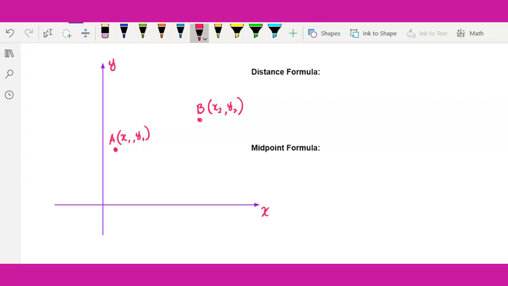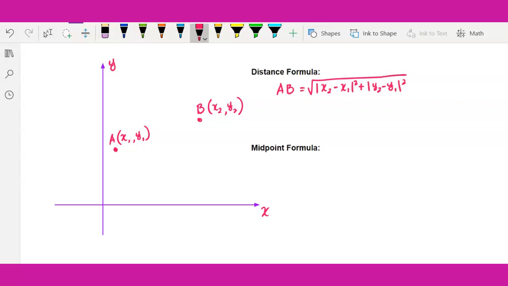All right. The distance formula actually tells us that the distance AB, or the distance from point A to B, is equal to the square root of the absolute value of x2 minus x1 squared, plus the absolute value of y2 minus y1 squared.